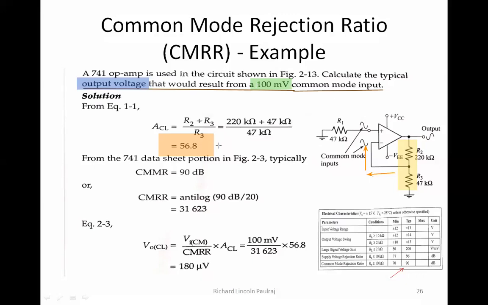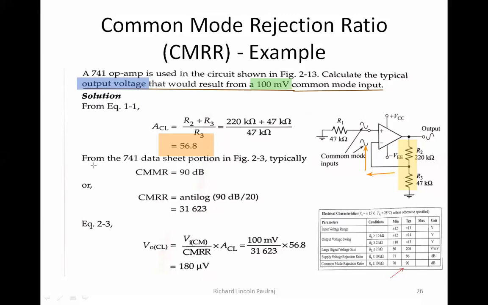Okay. And why is it that there is no kilo ohms here for 56.8? We have kilo in both numerator and denominator. Correct. So it gets cancelled out, and ultimately we just have a small number. So this is nothing but 56.8. Not ohms, we are talking about the gain, right?